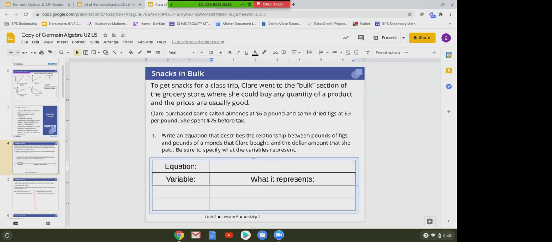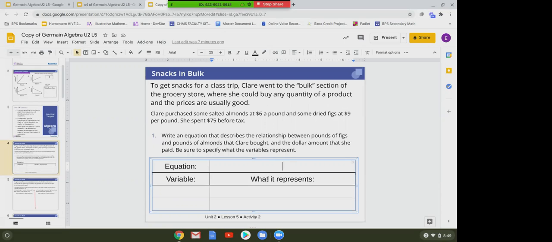Okay, so I'm seeing a couple different ways of writing it. Perfect. Sadie, can you tell me what you did for your equation and the variables you chose? You can unmute yourself.